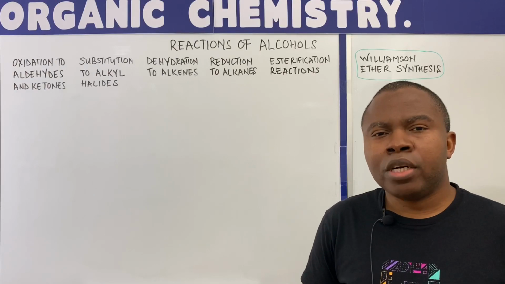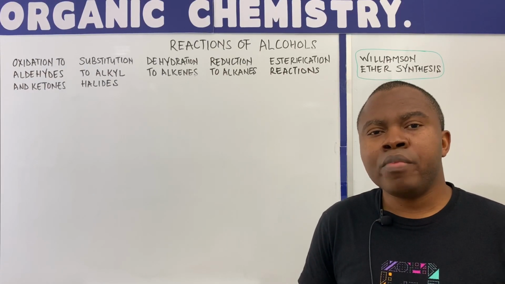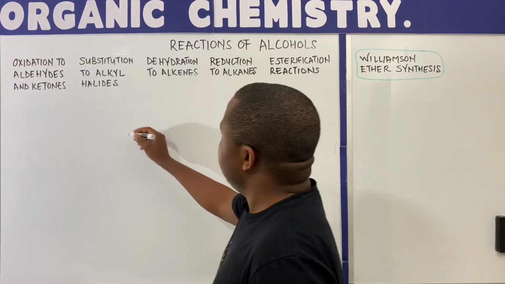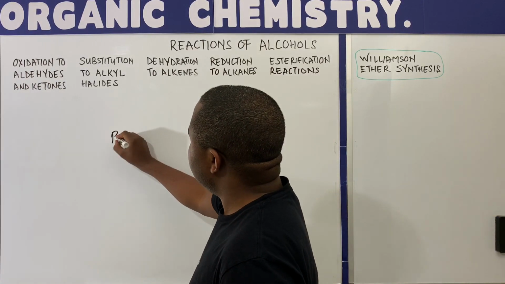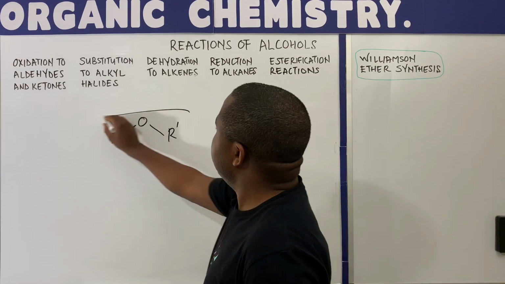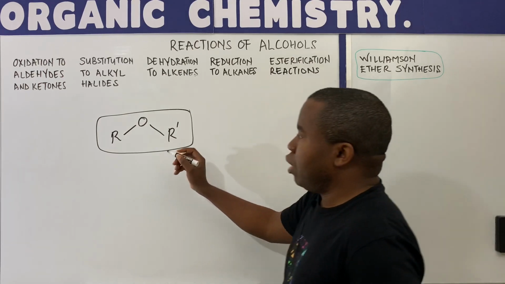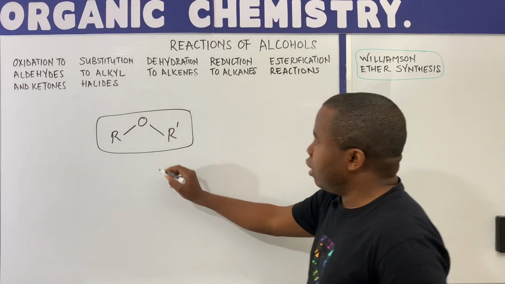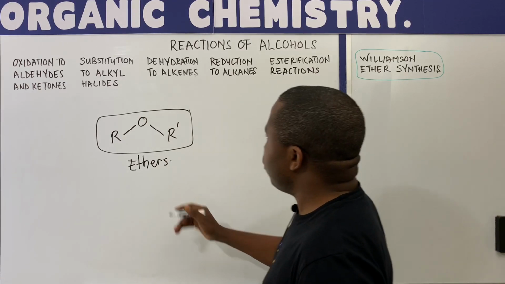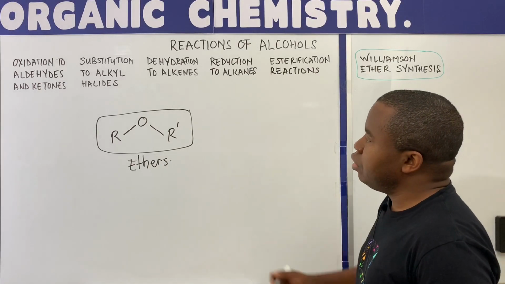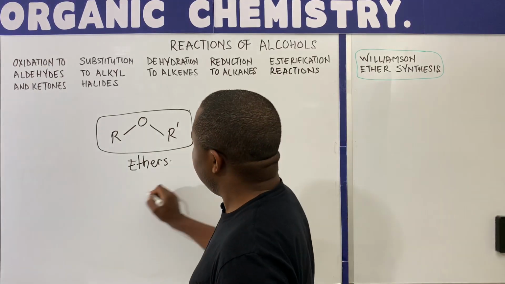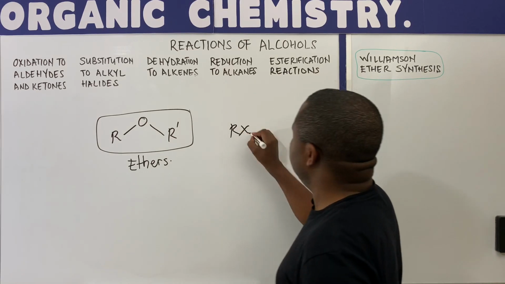Lastly, we're going to talk about how alcohols can be used to make ethers in what is known as the Williamson Ether synthesis. Basically, in organic chemistry, when we talk about ethers, we are talking about this group here. So this is the formula for ethers, and we can make ethers using the reaction of alcohols with alkyl halide.